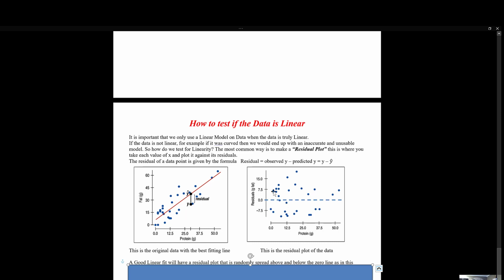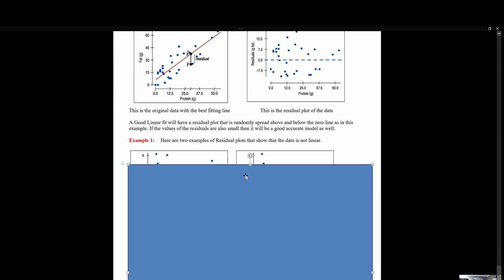So that's actually a good residual plot. You don't want these numbers to be huge, of course, because what that means is that the data is linear, it's a straight line, but it's not very concise there. It's not consistent, it's got a lot of bad variation in it.